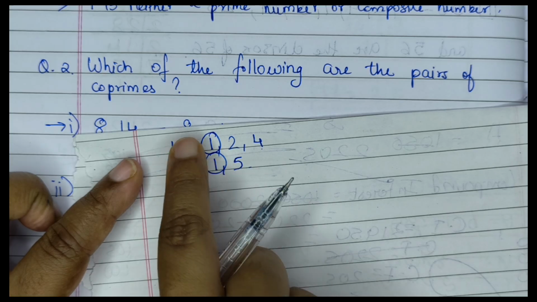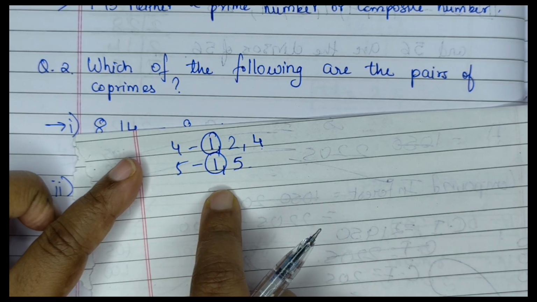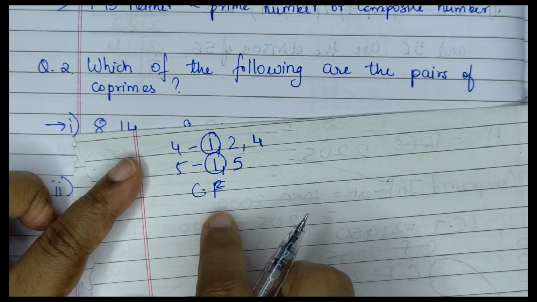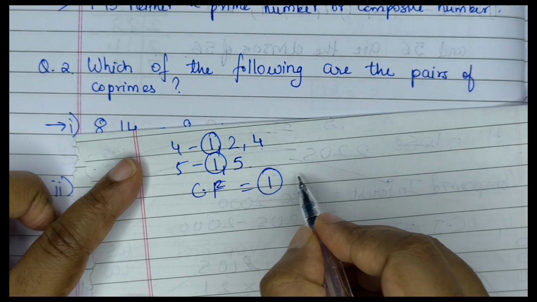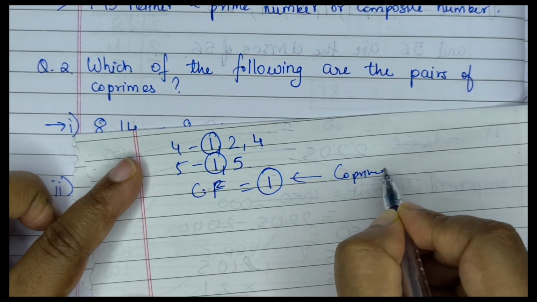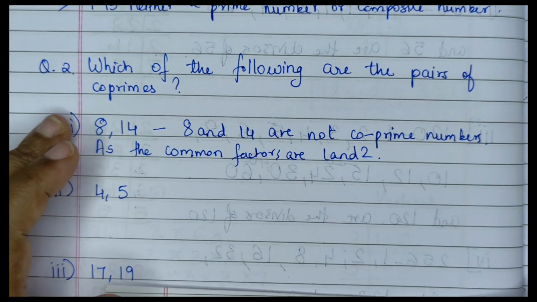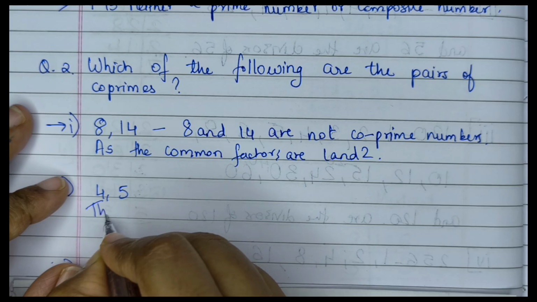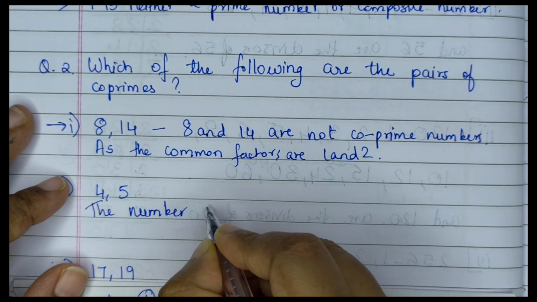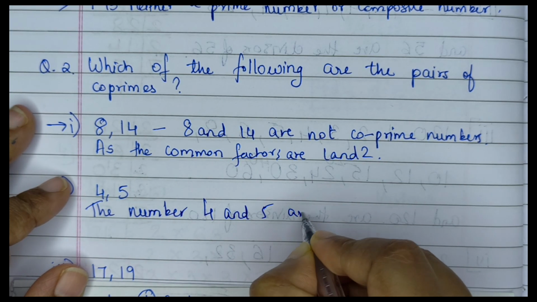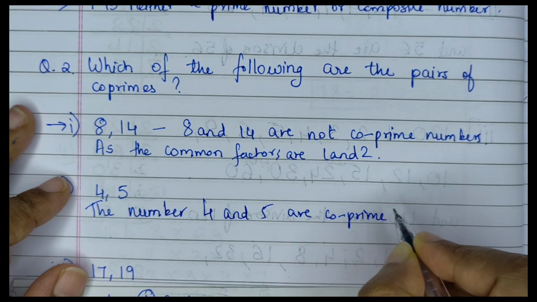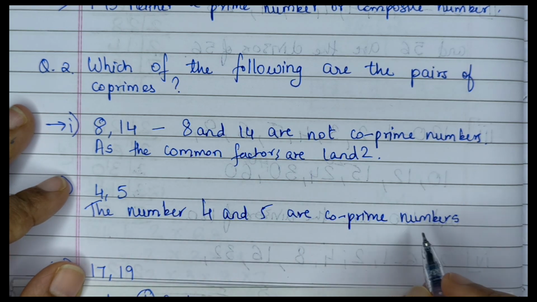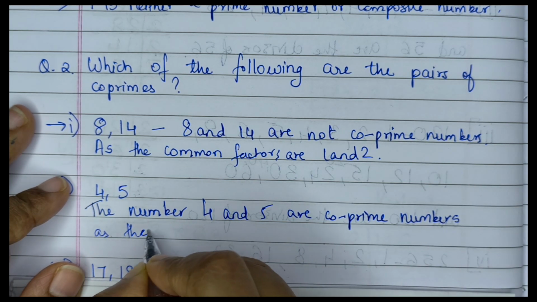I told you, whenever only 1 is the common factor of two numbers, that means those two numbers are coprime numbers. Okay, so common factor, CF, I'm just writing it in short form. CF, common factor is 1. When the common factor is 1, they are coprime numbers. Understood? So that means we will write here: the numbers 4 and 5 are coprime numbers, as their common factor or divisor is 1.